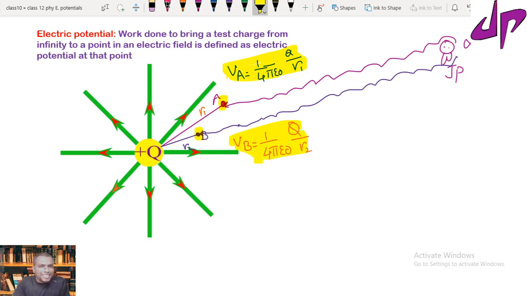We know that potential is a scalar. So anywhere in this vicinity, different locations have different potential values. Now I want to define potential difference, VB minus VA.